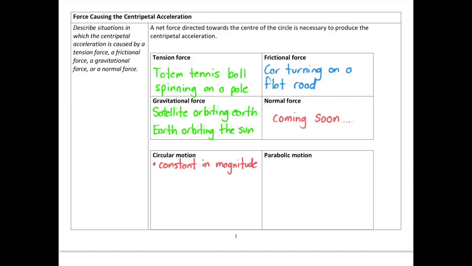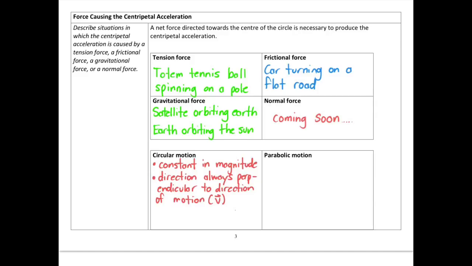So that force is always constant in magnitude, but in a sense the direction is always changing, because the direction is always perpendicular to the direction of motion, or the velocity vector. So I'll just put a V with a vector sign, the velocity vector.